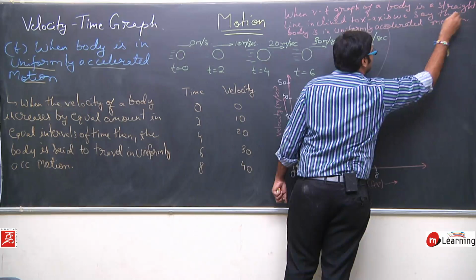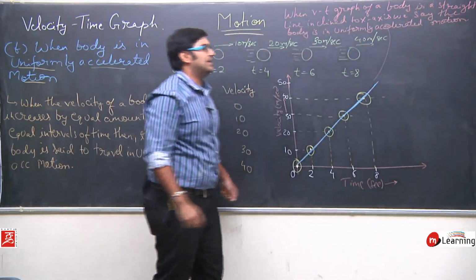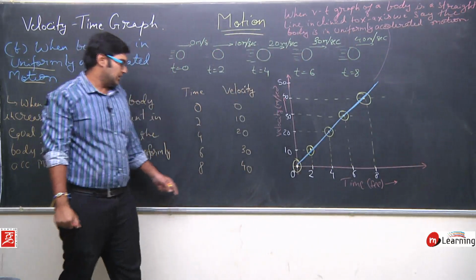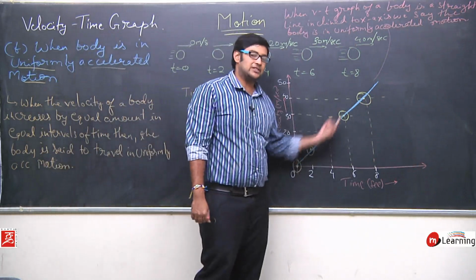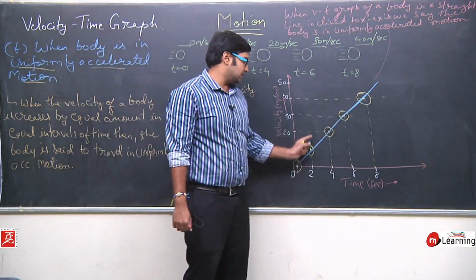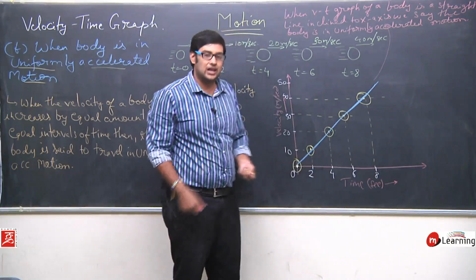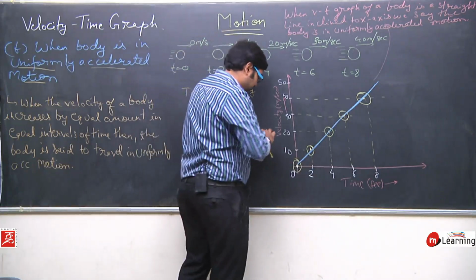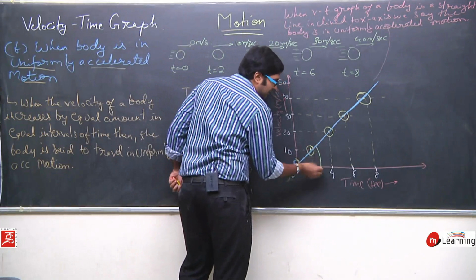Okay. So the body is in uniformly accelerated motion when the velocity time graph is a straight line. And it is inclined to the horizontal axis like this, at some angle.